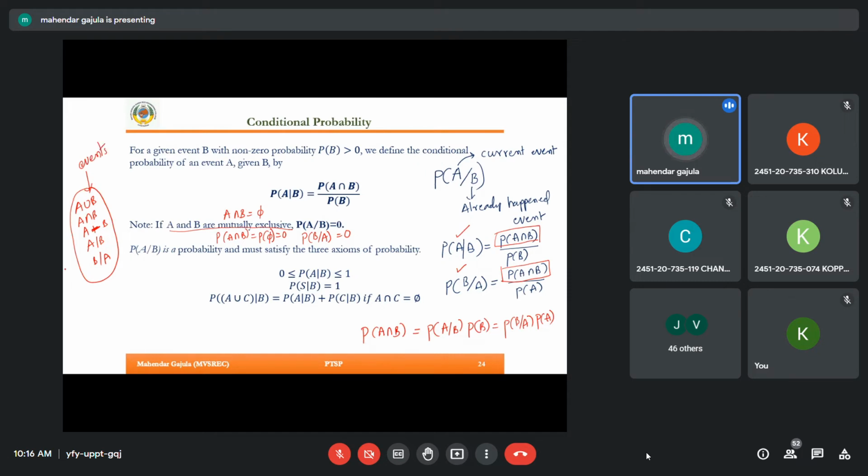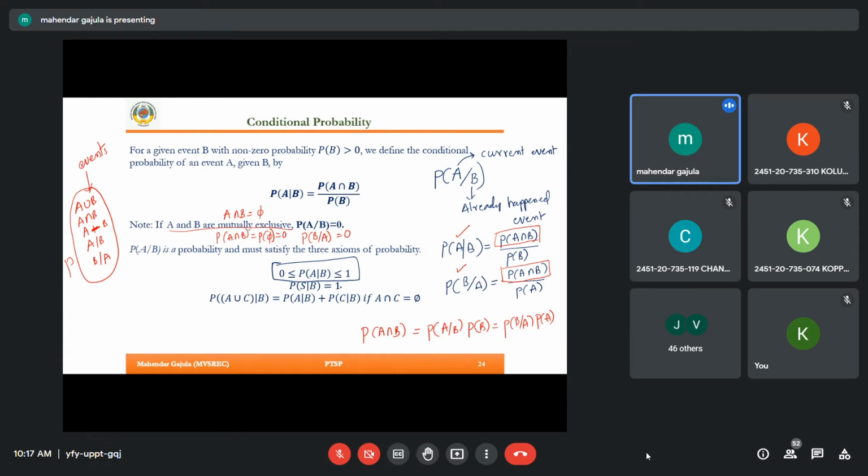For these, we apply probability. So whenever you are applying probability on some events, there should be some axioms that have to be followed, right? Anyway, the probability is between 0 and 1. It cannot be more than 1, it cannot be negative. The first one is satisfied, right? Probability of A given B or B given A is bounded by 0 and 1.